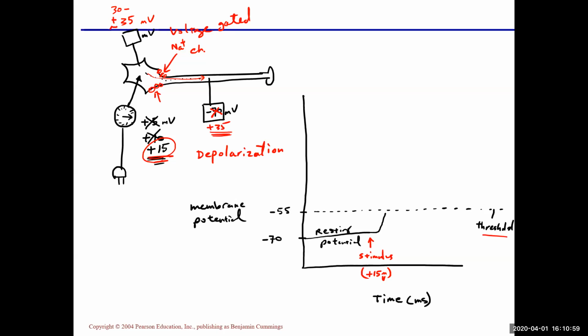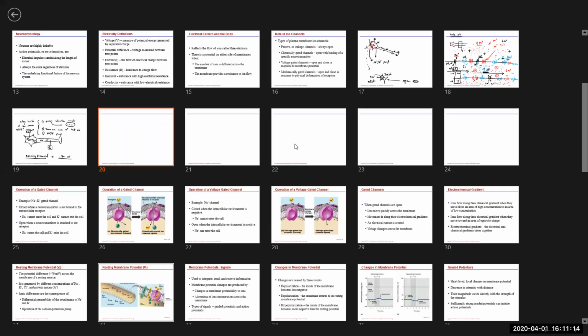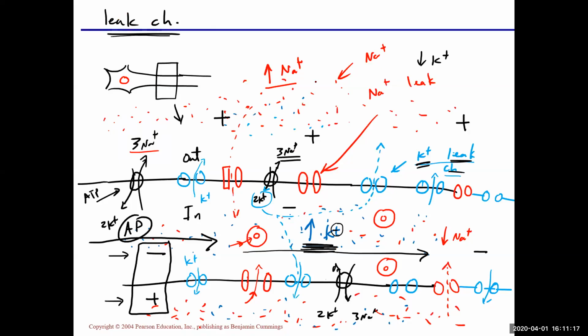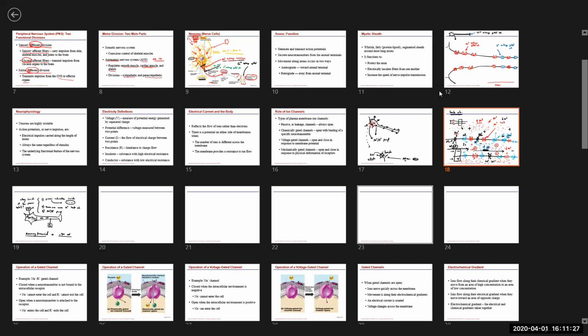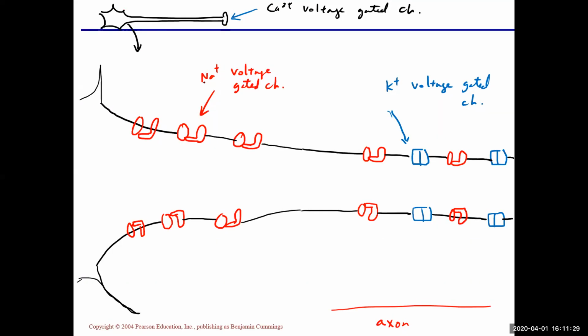And if these channels are open, remember, you had a higher amount of sodium outside, so it's going to rush in, as we discussed earlier. Now they're not going through the leak channel, so we are not there. We are at the voltage-gated channels. So when there is enough voltage, all of these channels are opening.